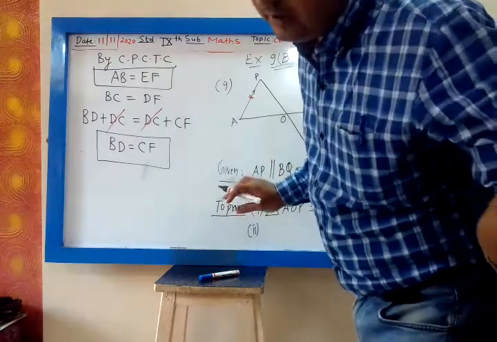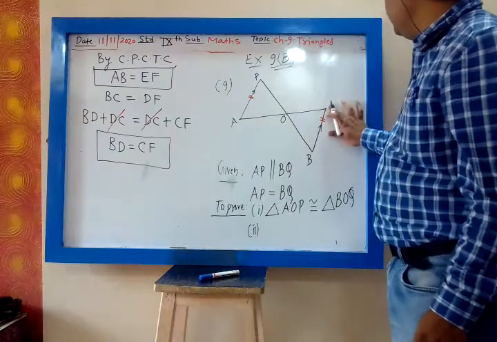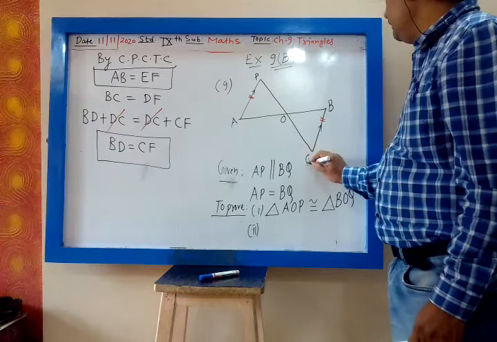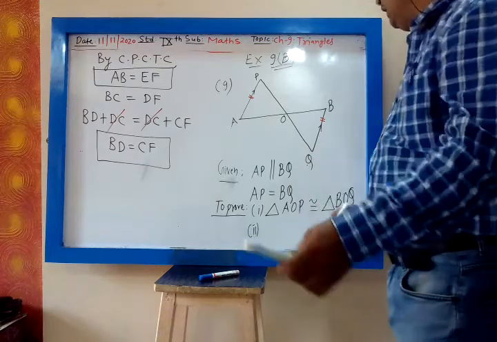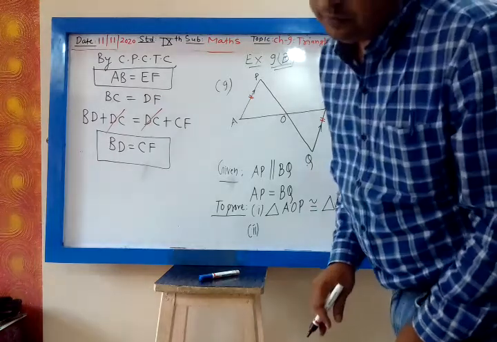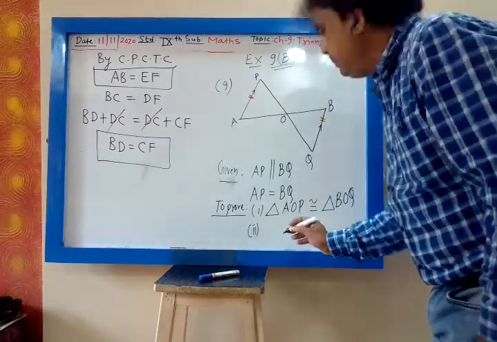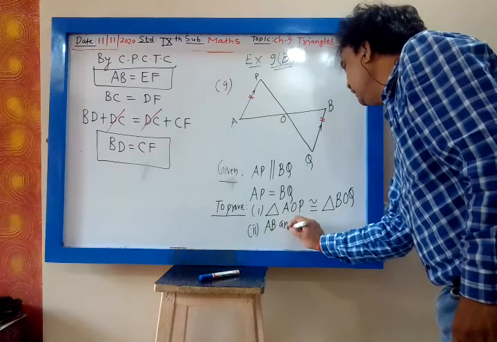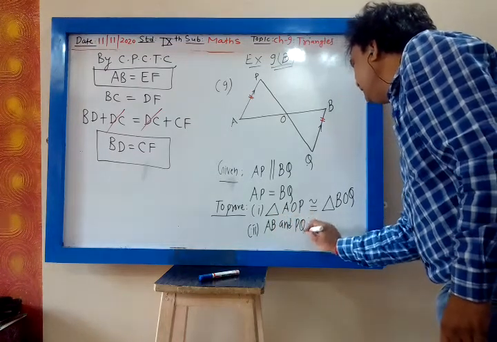One minute. See, this is my B. This is given Q. So AOP is congruent to BOQ. Then AB and PQ bisect each other.